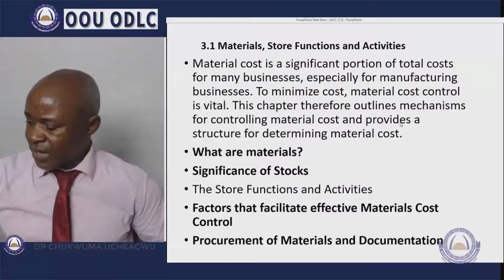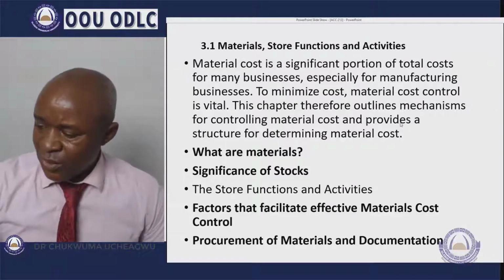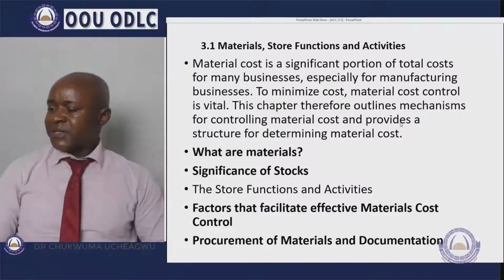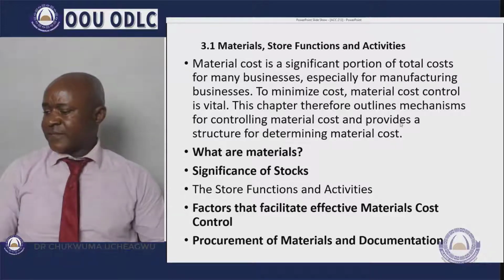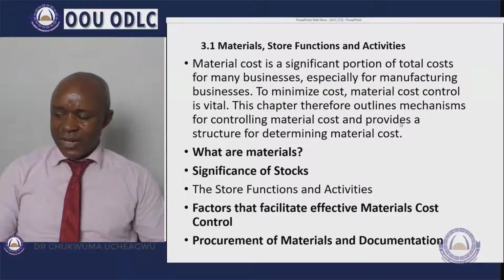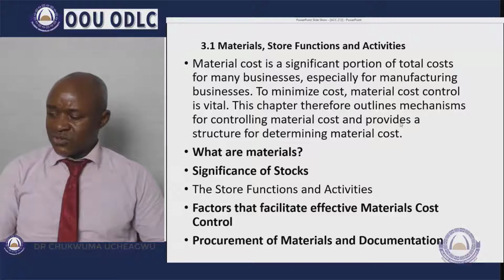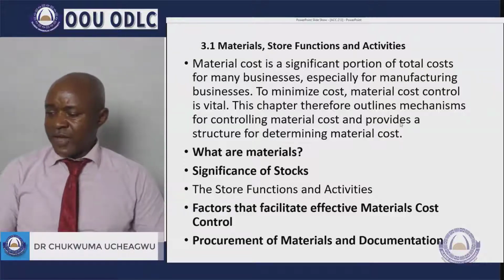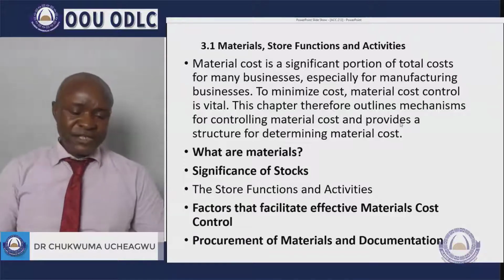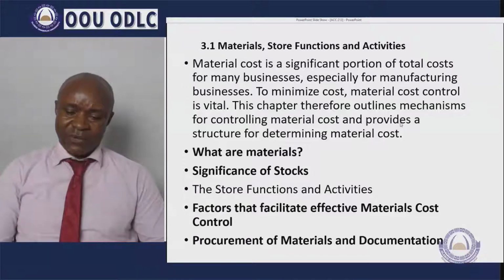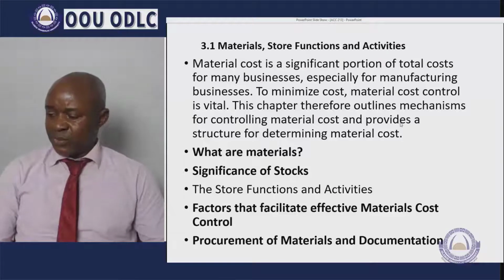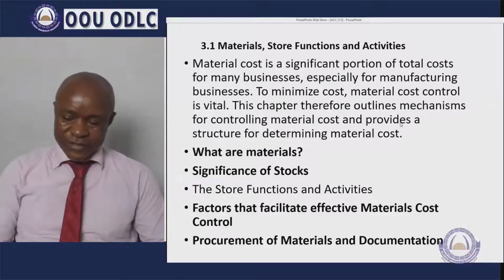So we're now going to look at certain things. What is a material? What are materials? Materials include stock items, stores items, merchandise, inventory. A stock can be defined as any tangible material asset that an organization uses in its production other than fixed assets.